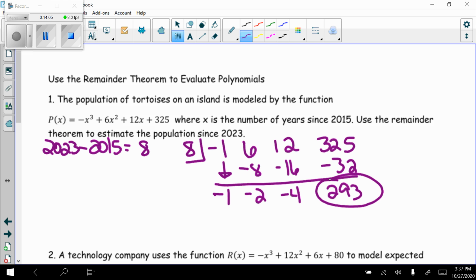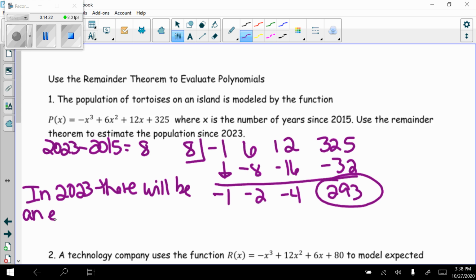So it says use the remainder theorem to estimate the population since 2023. Since it was a word problem, I need to answer in a sentence. In 2023, there will be an estimated population of, what number did we get for a remainder? 293 tortoises.